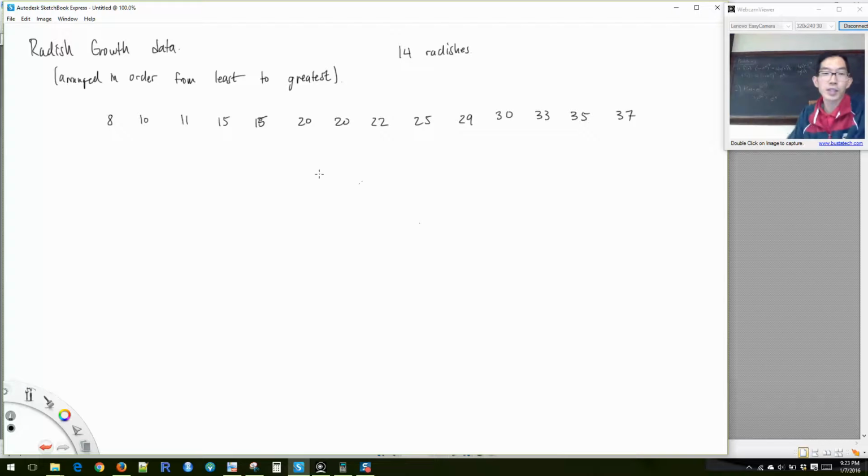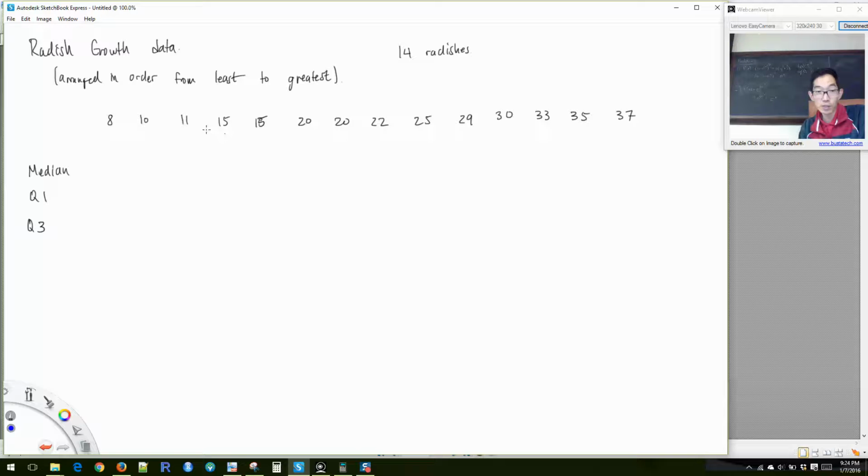Okay, all right, and then let's figure out where our median is, and where our Q1 and Q3 are. If I have 14 radishes, how many will be larger than our median and how many will be smaller? 7 and 7, right? I'm going to count 1, 2, 3, 4, 5, 6, 7.